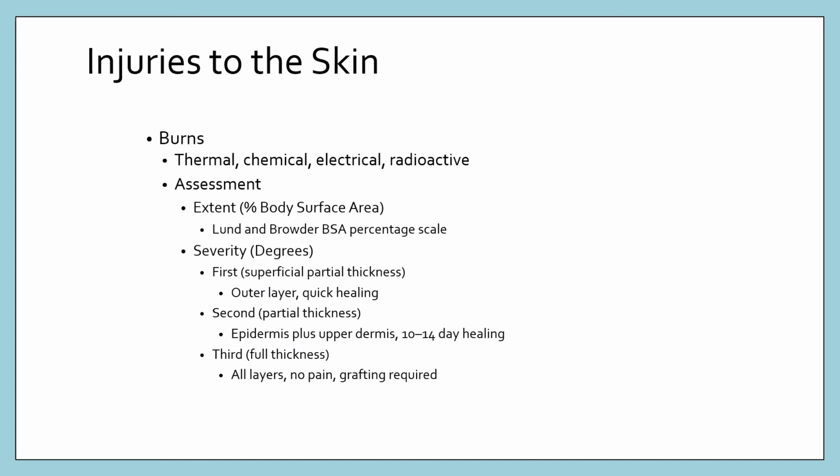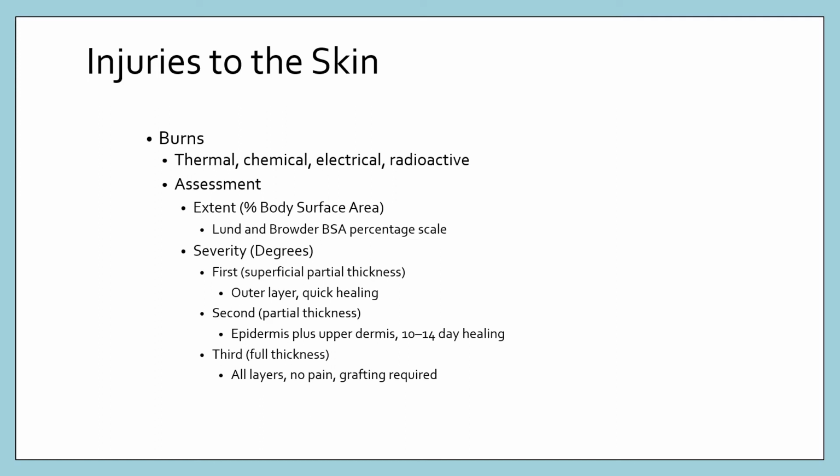Injuries to the skin, as far as burns go. There are thermal, chemical, electric, and radioactive burns. We don't talk much about radioactive burns in this course, but you'll probably get that after graduation when you do your CBRNE training.